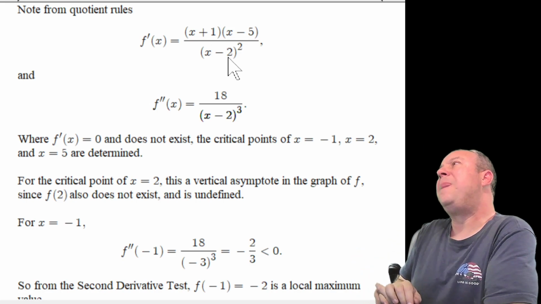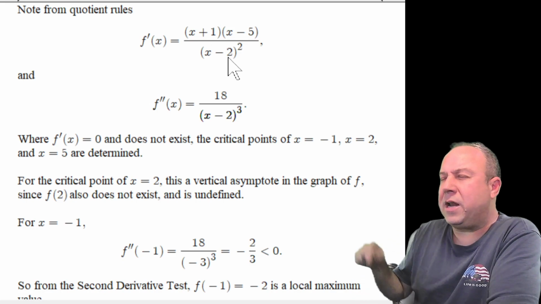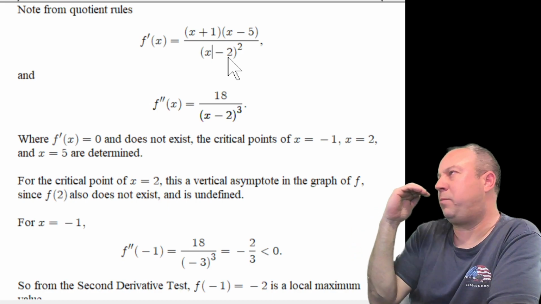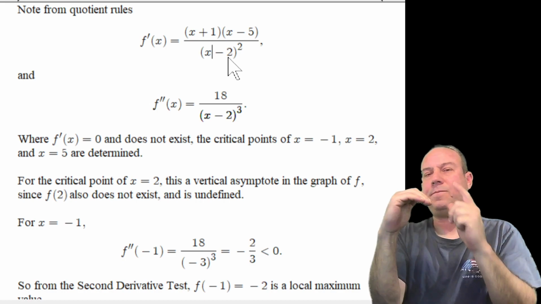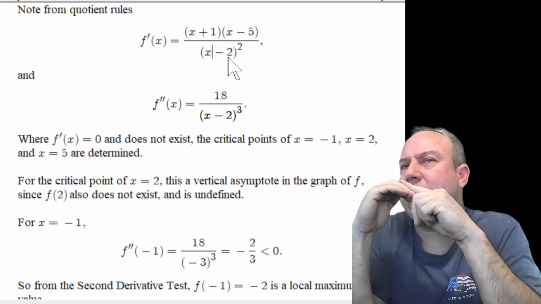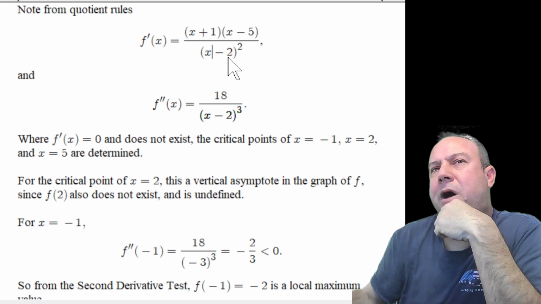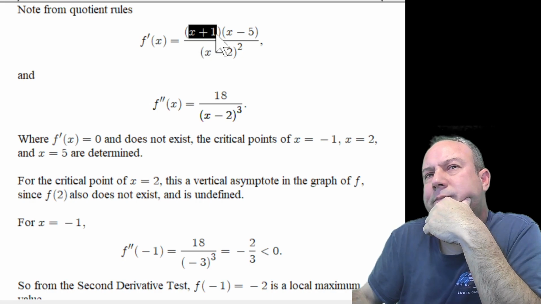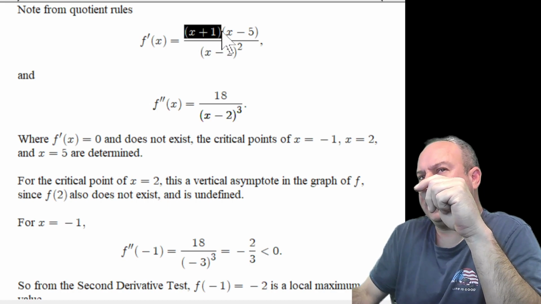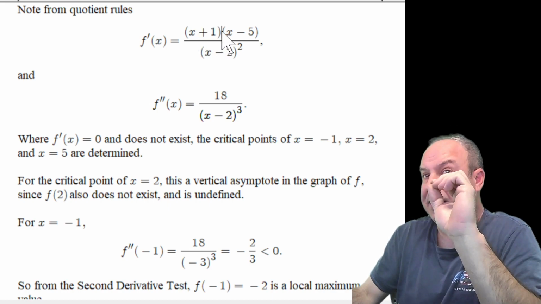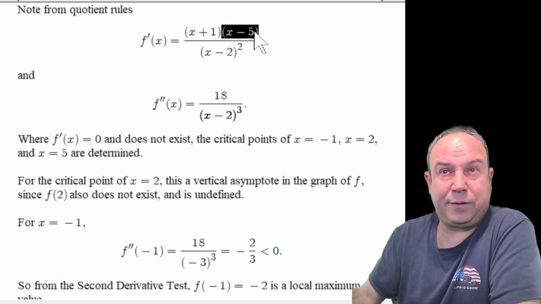You would be increasing before -1, which is what you would expect with a maximum. You would be expecting the increase before there, and it should be decreasing after it. So if we're between -1 and 5, this quantity is going to be positive, and this will still be negative.